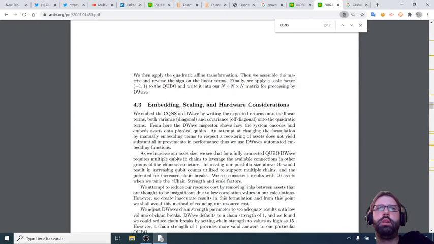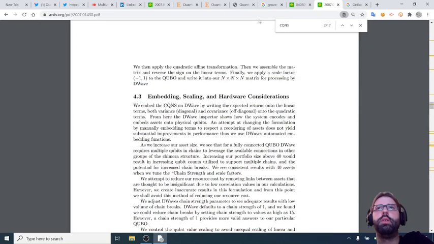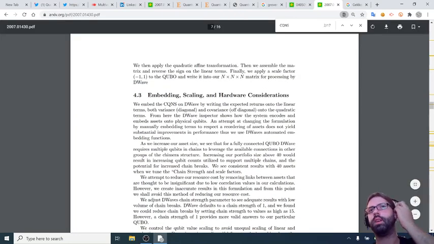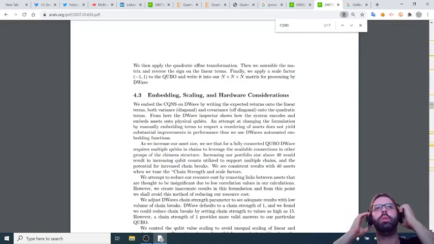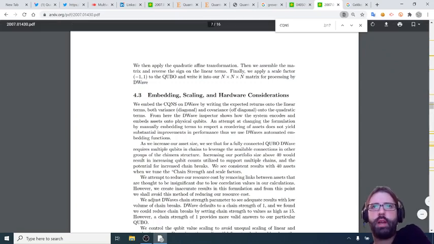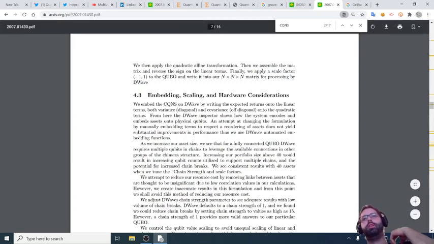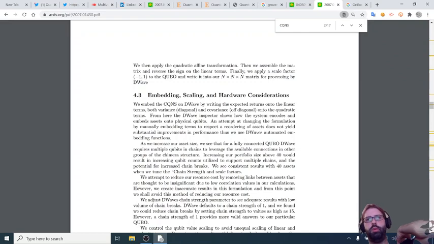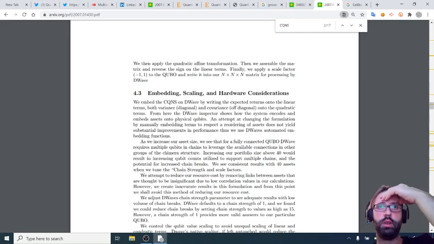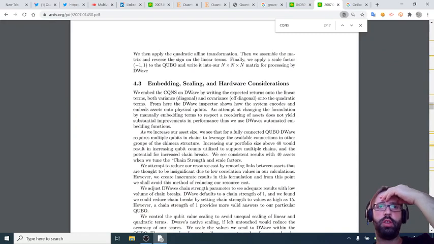As we increase our asset size, we see that for fully connected qubits, D-Wave requires multiple qubits and chains to leverage the available connections. Then they do some fine-tuning where they don't have links between portfolios that don't have a high covariance, because it means that there's not such a difference.